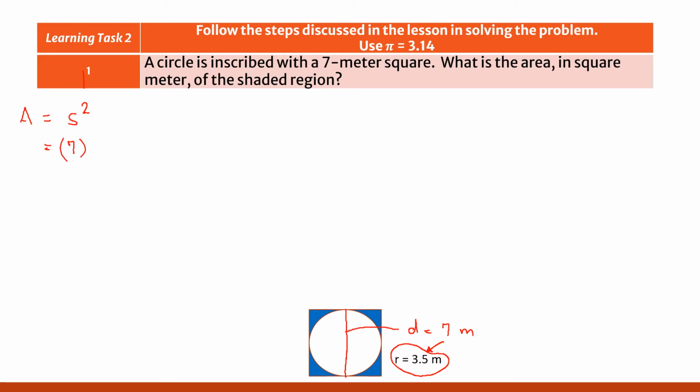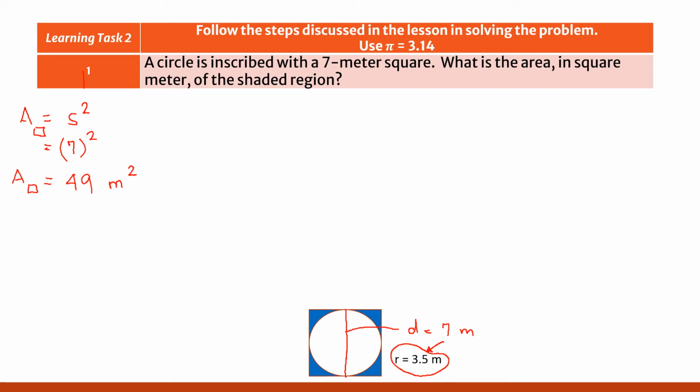And 7 squared means 7 times 7, which is equivalent to 49. At dahil ang given unit of measure ay meter, it is m to the second power. So ito, mga bata, yung area ng square na may kabuuang 49 square meter.